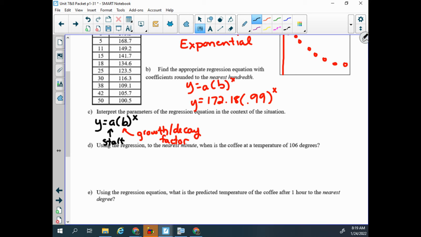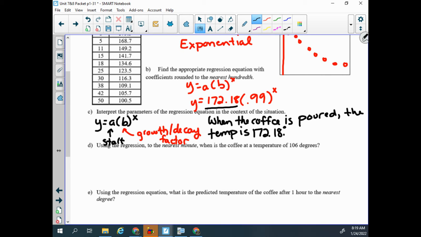So what that means in the context of the problem, this 172.18 would be the starting temperature of the coffee, or when the coffee is poured, the temperature is 172.18. Now, that's not completely accurate to what we see in the table, but that's the curve of best fit. So based on all the points, the curve would fall slightly below that point at 179.5.